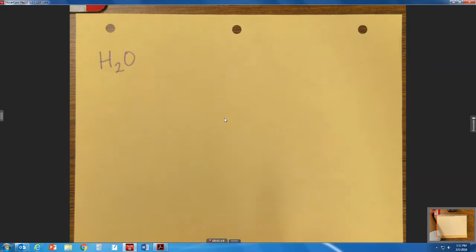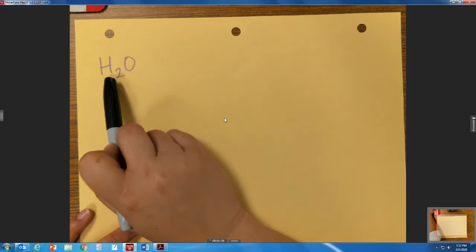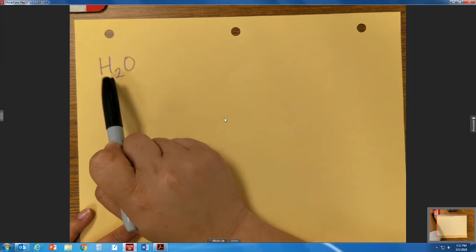Okay, so if you recall from our notes, one of the rules for drawing a Lewis dot structure is that your first atom is always going to be the first element in the formula.